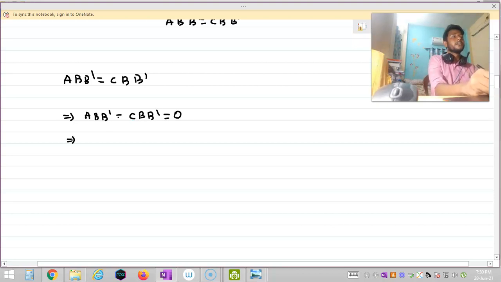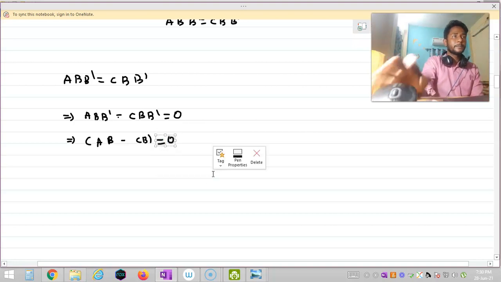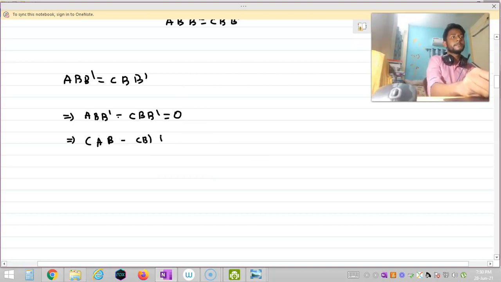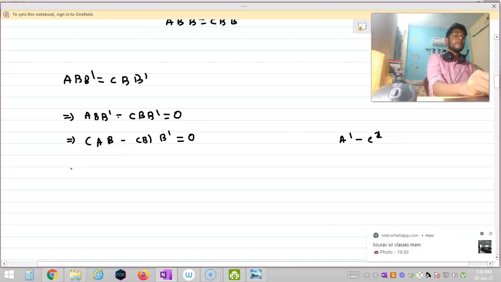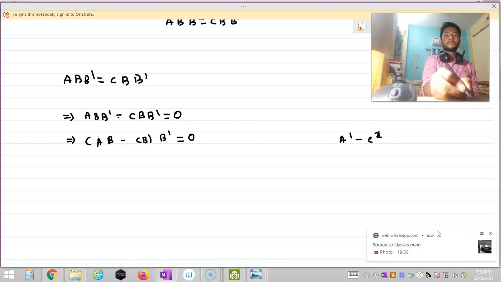So I can also write it as (AB minus CB) into B' is equal to 0. I can take B' common, as the distributive law holds for matrices also. Now multiplying this matrix with A' minus C', that is A transpose minus C transpose.